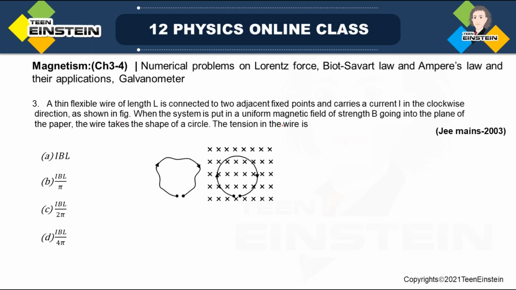When the system is put in a uniform magnetic field of strength B going into the plane of the paper, the wire takes the form of a circle like this. So you have to find out the tension in the wire. So that's the question. We can just give a thought.